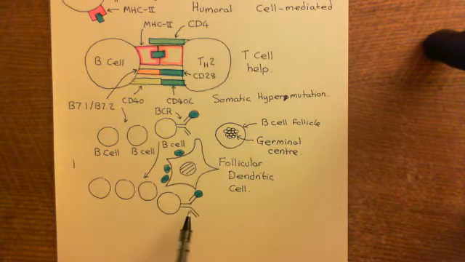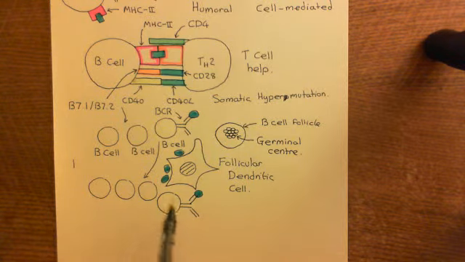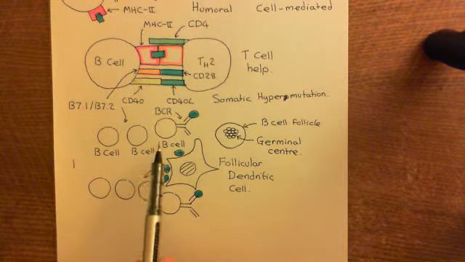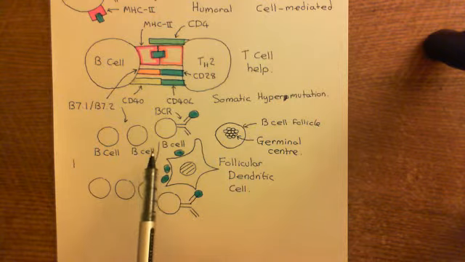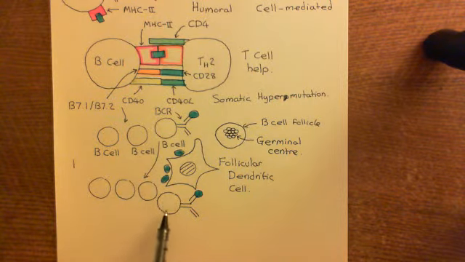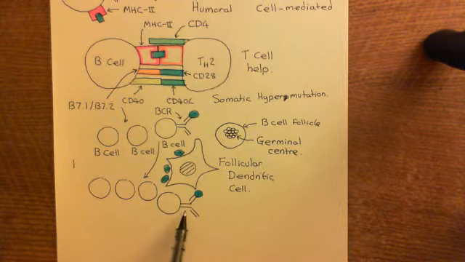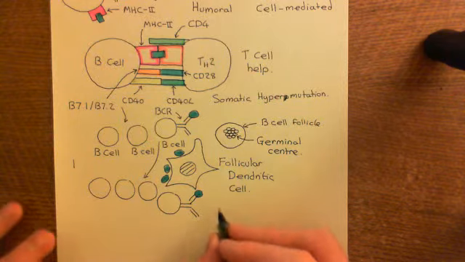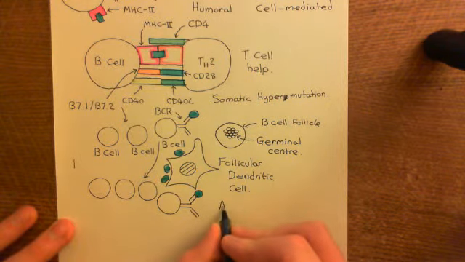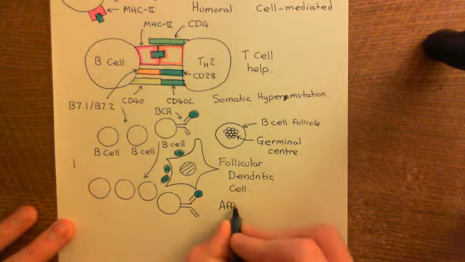So the antigen will end up bound to the ones with the great affinity rather than the good affinity. So the good ones won't get it, and therefore they'll die. So you're gradually going to select for a B cell which has a fantastically good B cell receptor for binding to this antigen. And this concept is known as affinity maturation.